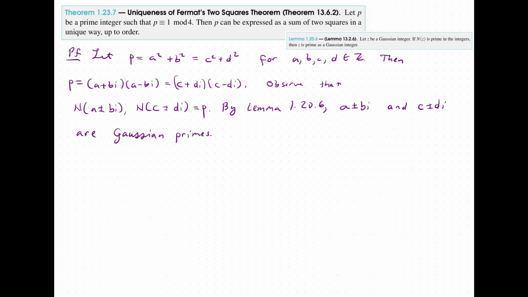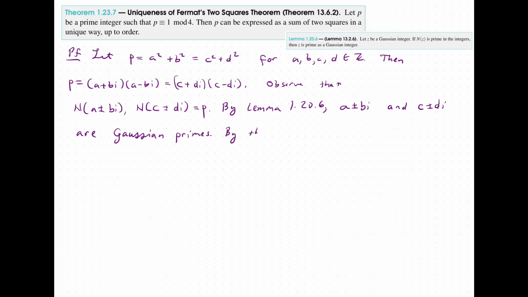But now we have over here two different prime factorizations for p, or so they look. But we know by the fundamental theorem of arithmetic for the Gaussian integers that these two factorizations are the same up to unit and order.